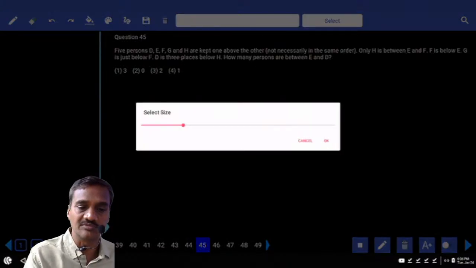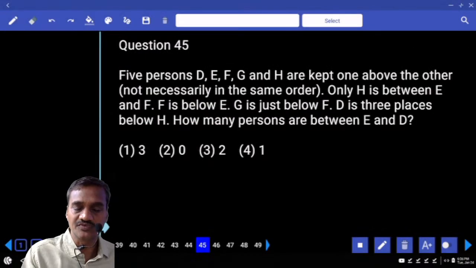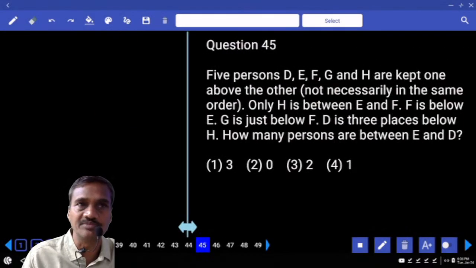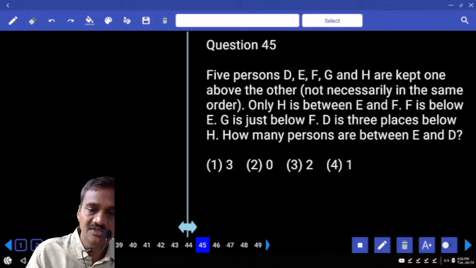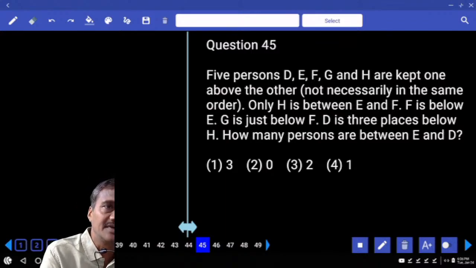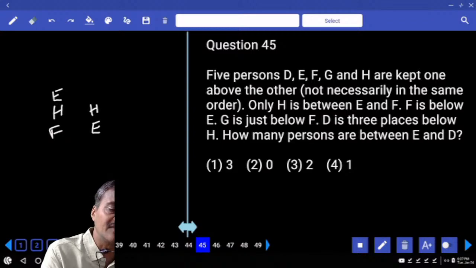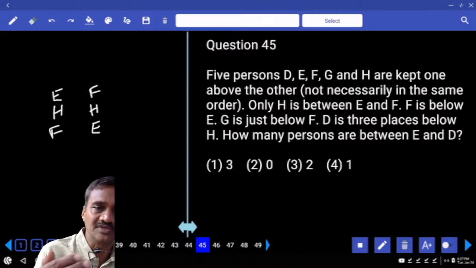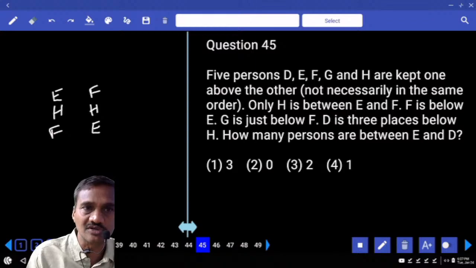Then coming to question number 45. Now in this 45, how many persons are there? 5 persons. D, E, F, G, H are kept one above the other. And only H is between E and F. H is between E and F. It can be like this. Or if E is below, H and F will be like this. Maybe F is above this H or below this H, it is not given.